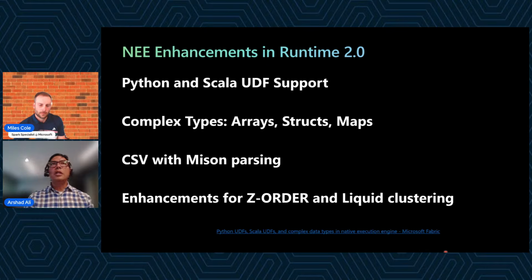Scala UDFs work on the JVM, but there are certain operations that we can offload to the native execution engine to take advantage of its performance gains. We have added this support as well in Runtime 2.0.